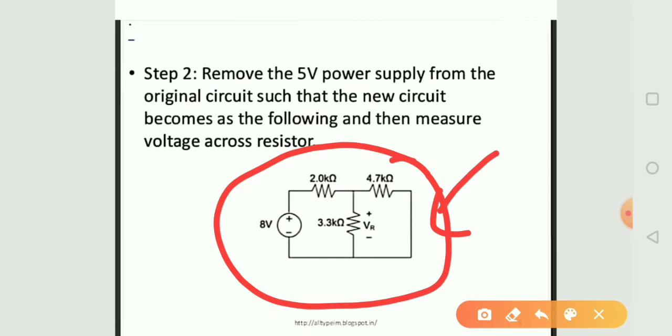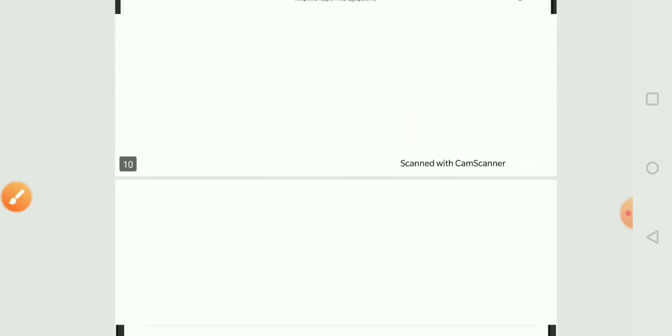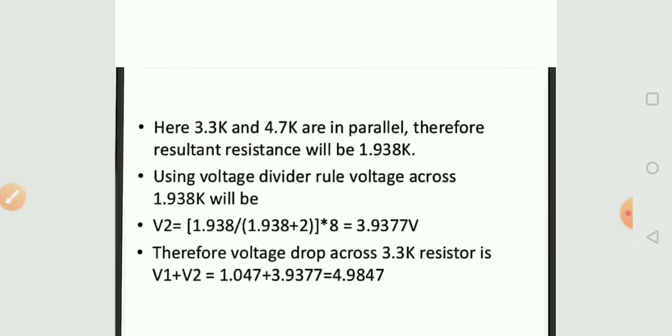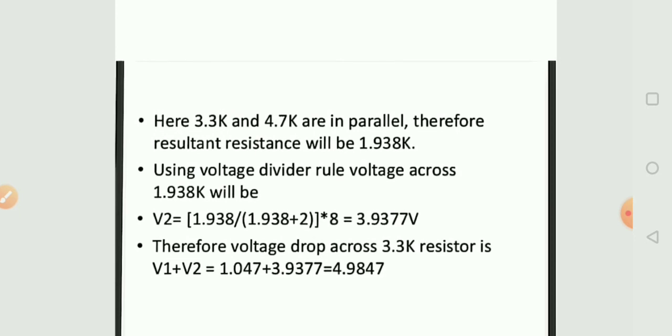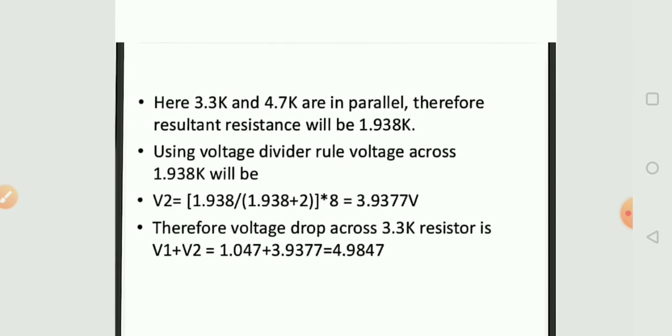Now here we find the resistance across 3.3 kilo ohm and 7.7 kilo ohm. Here two resistances are in parallel. If we calculate these, the value of resistance will be 1.938 kilo ohm.